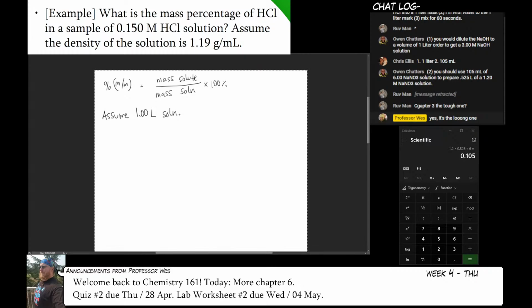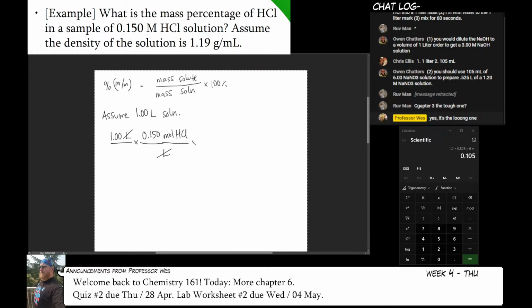If I have 1 liter and multiply by the molarity, I would then know how many moles of solute, or HCl, are in there.